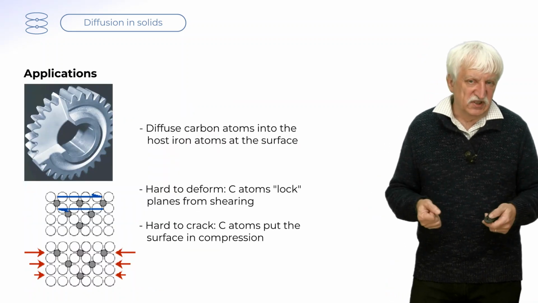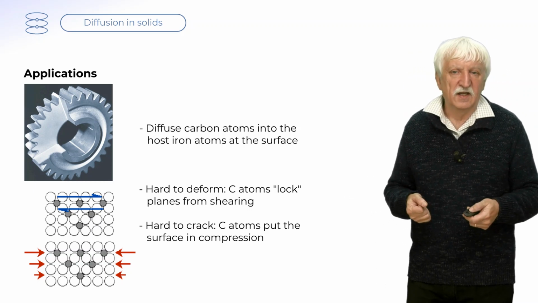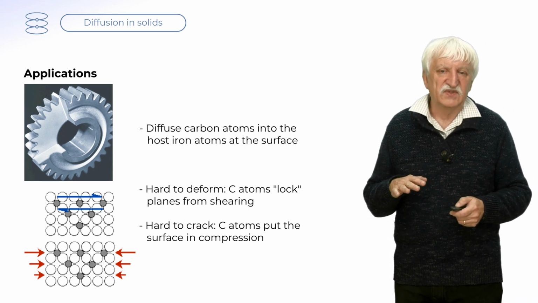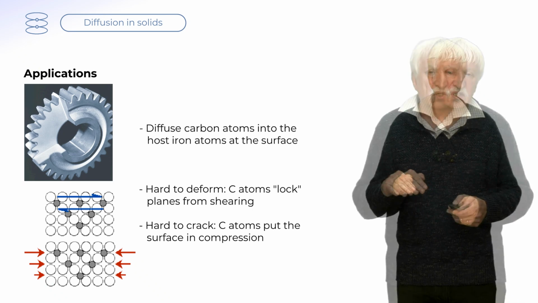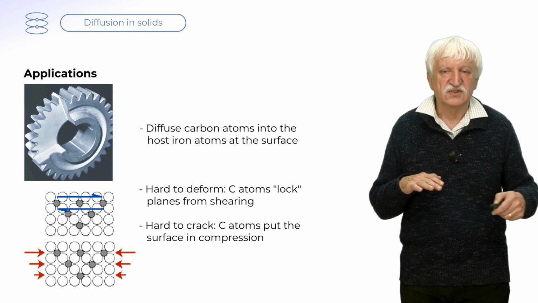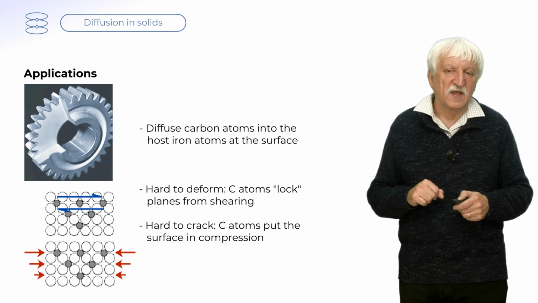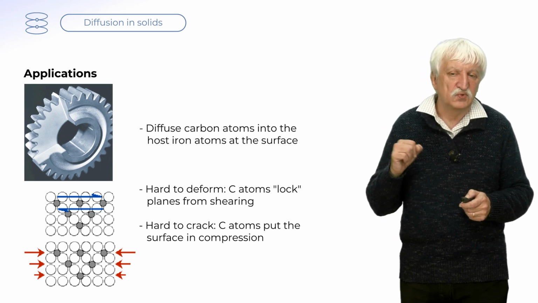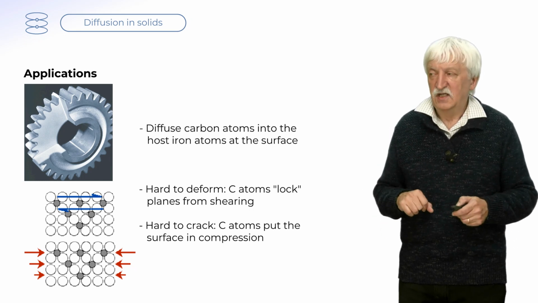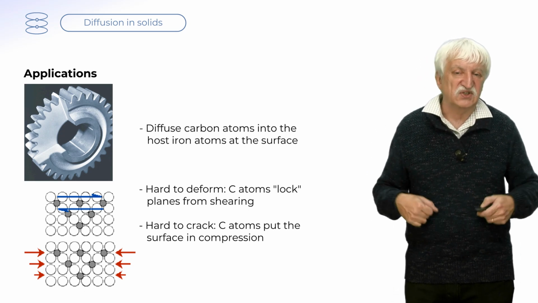What are the applications of this diffusion? First of all, we can place some atoms of carbon on the surface of the host iron, and because of the diffusion, these carbon atoms will move from the surface inside this material. And the resulting structure will be much stronger.